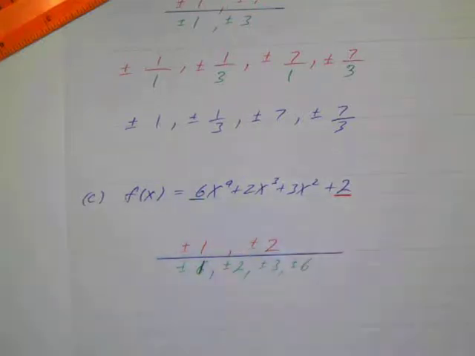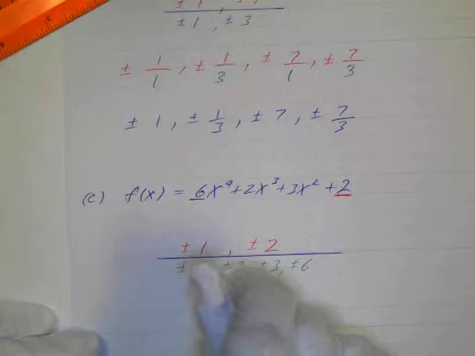So those are the possible factors of 6. Okay, let me kind of doctor this up a little bit. So we do them in the same order, so it's consistent. So we'll just make this 1. And then we'll list all those possibilities.